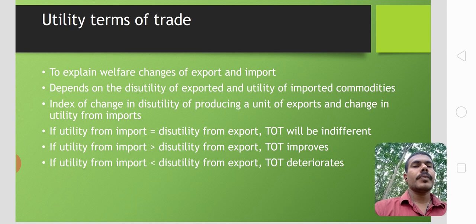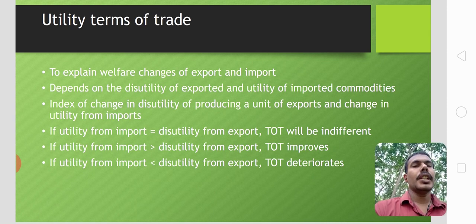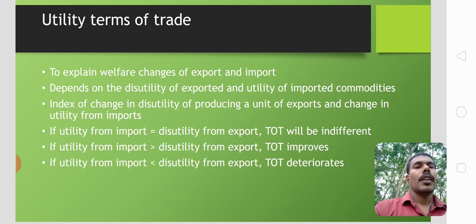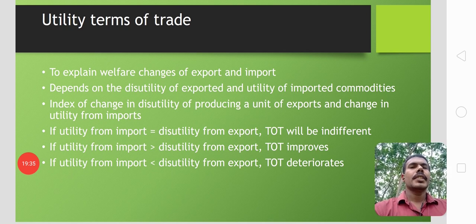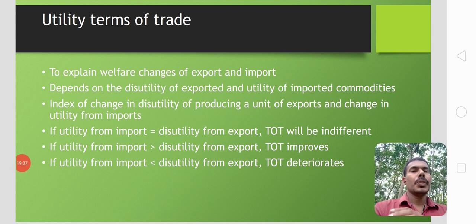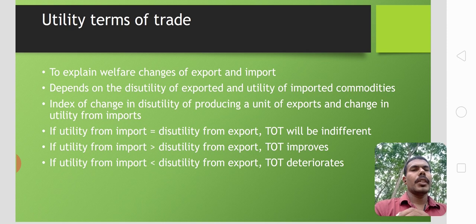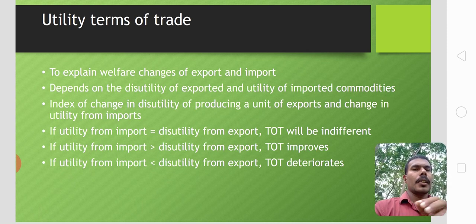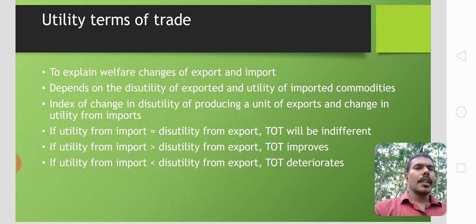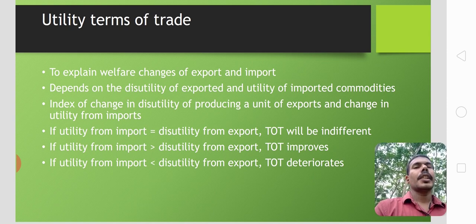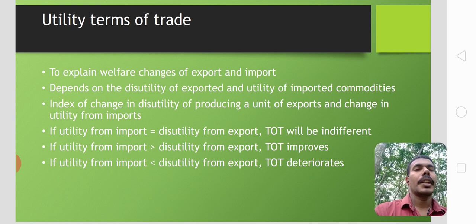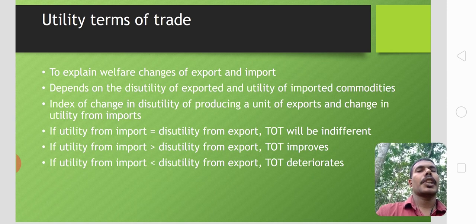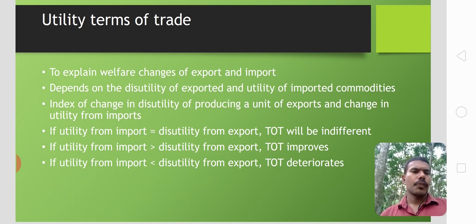So this is a kind of index of change in disutility of producing a unit of export, and change in utility from import. So how do we get the utility terms of trade? Utility terms of trade can be obtained in the manner in which commodity terms of trade is measured. Commodity terms of trade is equal to Px by Py into 100, where Px is the price of export and Py is the price of import.